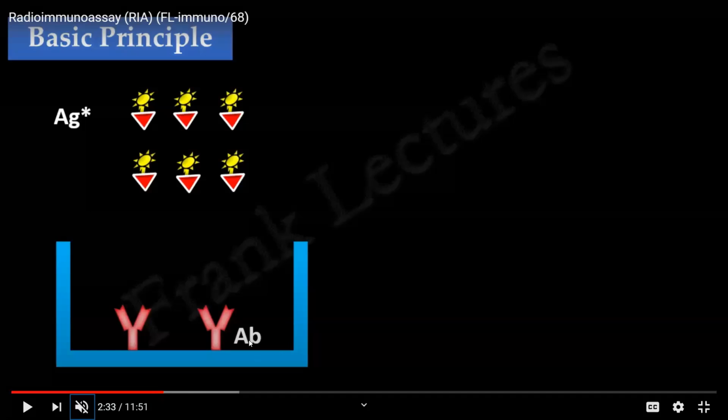Here they have written antibody, which is designated as AB. Antigen is designated as AG, and this AG has an asterisk mark here. So this asterisk mark denotes that this antigen is radio-labeled. You can see this yellow thing on top of this red antigen; this yellow thing means that it is a radio-labeled antigen.